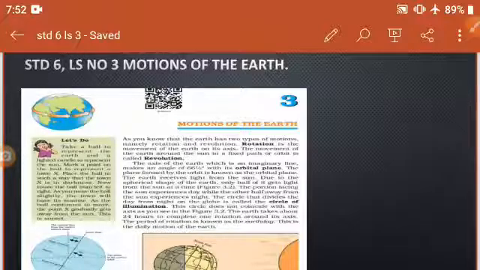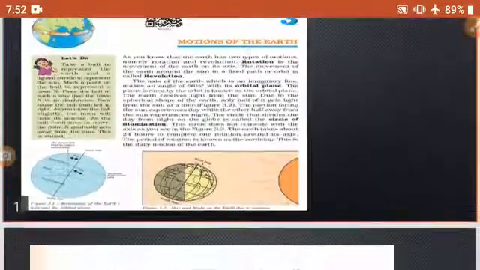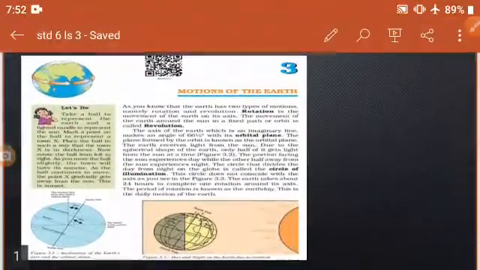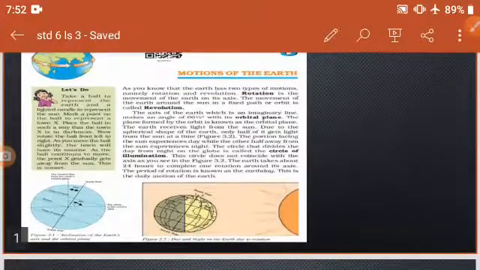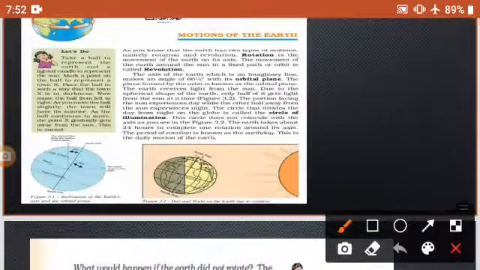The earth takes about 24 hours to complete one rotation around its axis. The period of rotation is known as Earth Day. This is the daily motion of the Earth. So, children, we are going to study these two figures. The first one is figure 3.1, inclination of the Earth axis and the orbital plane.